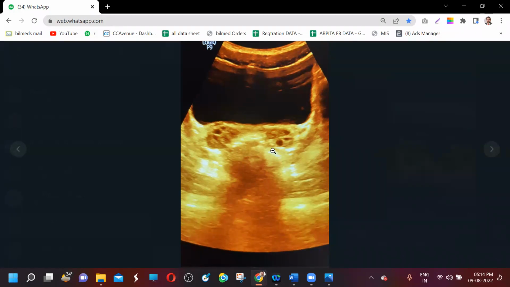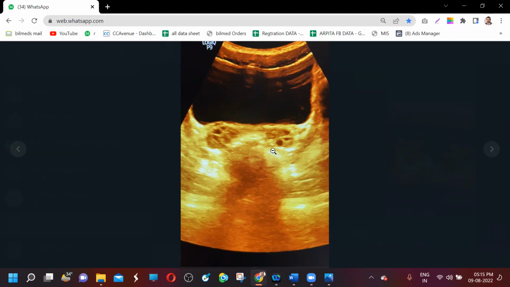Now, if external genital organs are absolutely normal, then it is not going in favor of persistent Mullerian duct syndrome. But what can this be? Anybody, comment in the comment box what that can be. A male patient having an ovary-like structure.